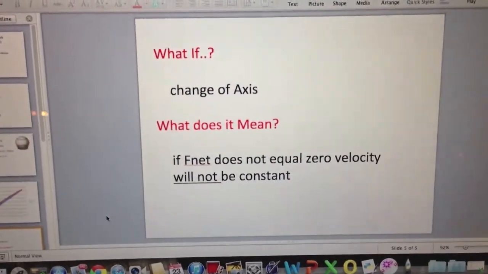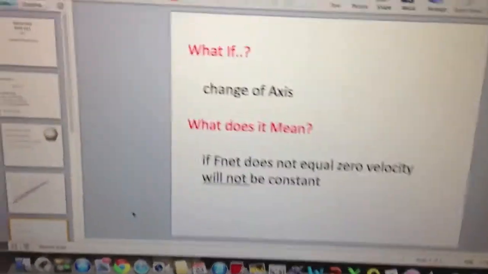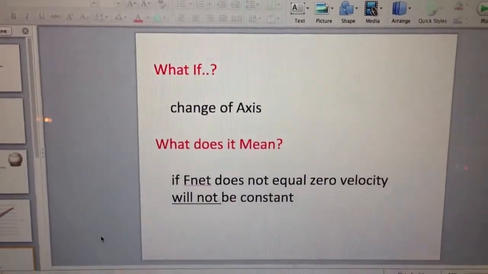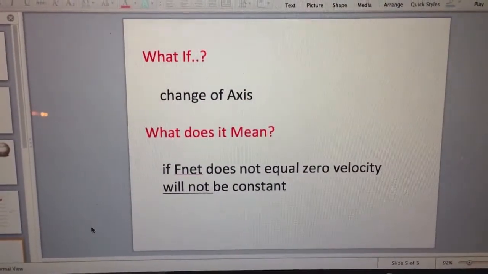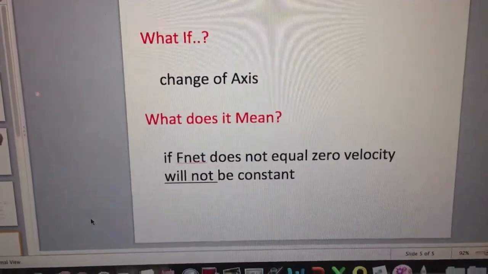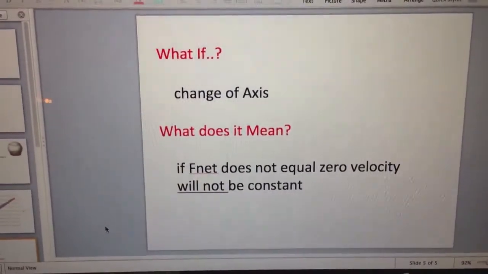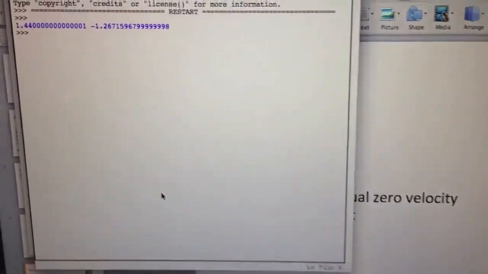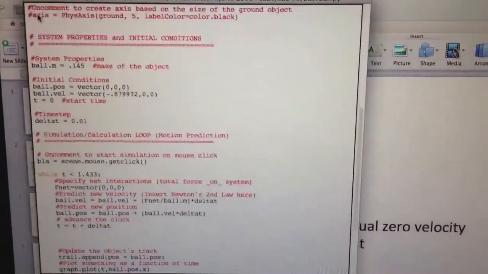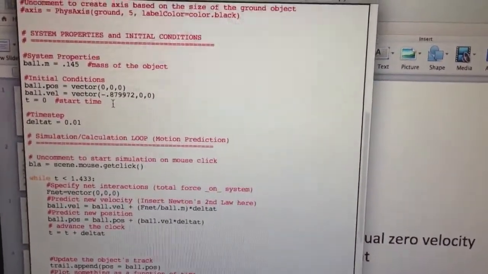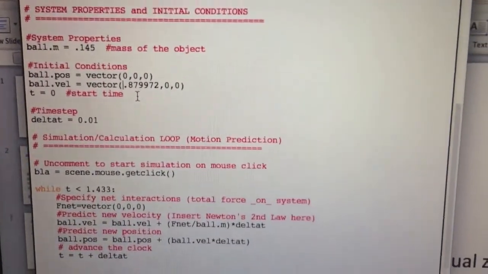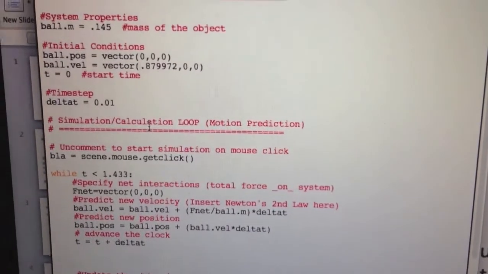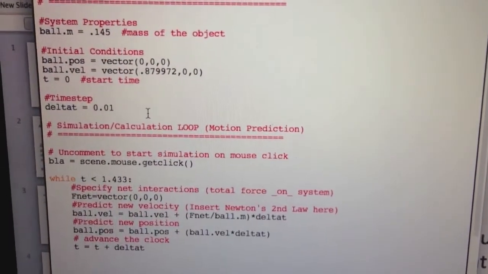And what does it mean? If we were to sum up the actual forces acting on a ball, if the net force was not equal to 0, this would mean that the velocity would not be constant. And to show this in Python, if we change this back to our original, we would change the net forces acting on the ball.